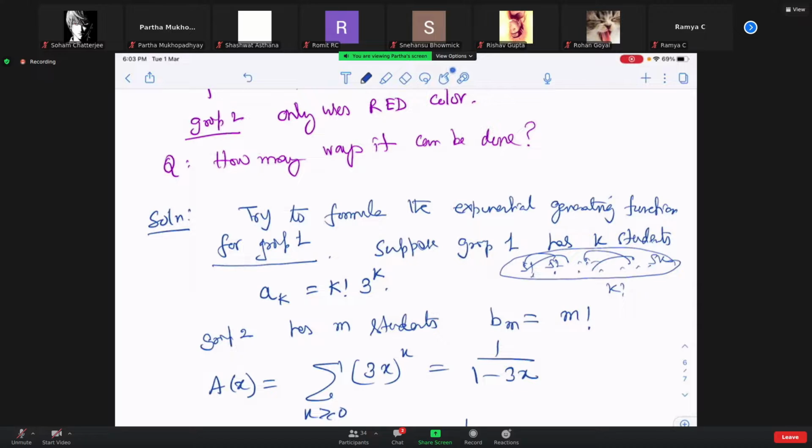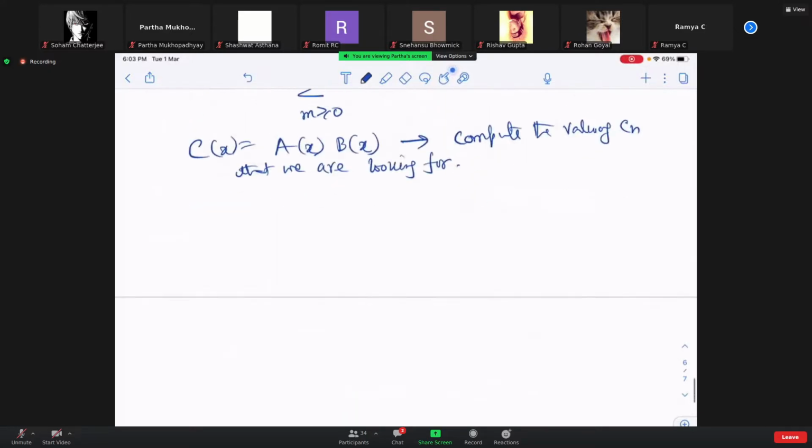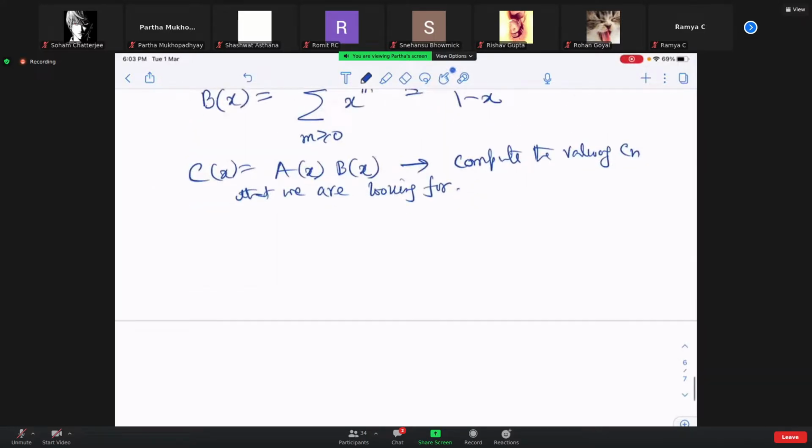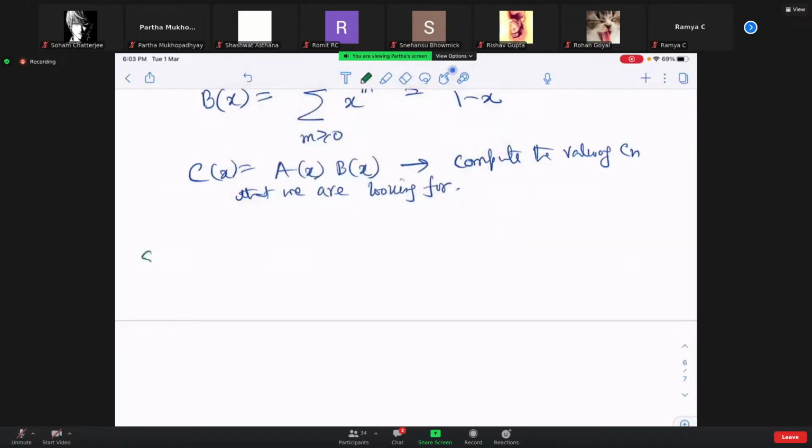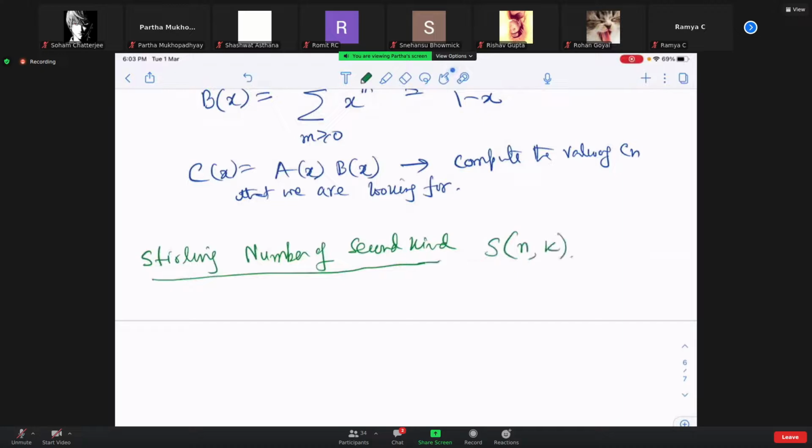So I'll not go into more examples. Let me just remind you of one thing because that is important. Let's remember the Stirling numbers of the second kind. Remember what the Stirling number of the second kind was? That was denoted by S(n,k), right? What was that quantity combinatorially?